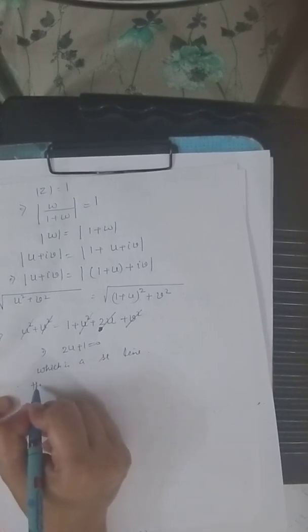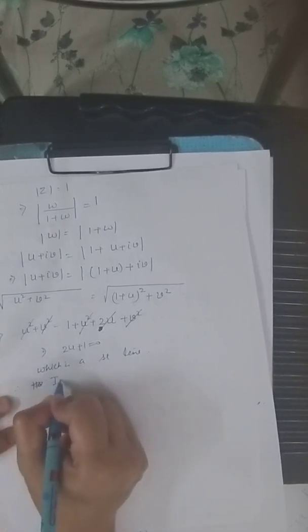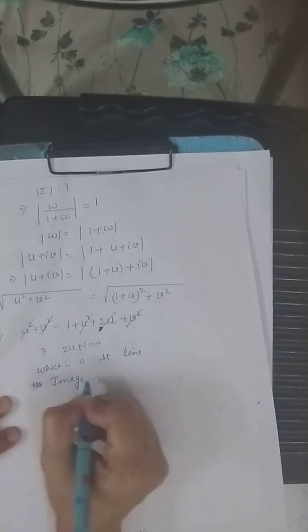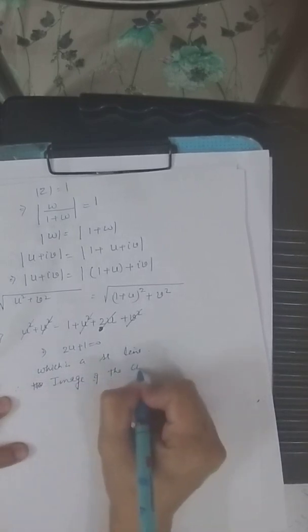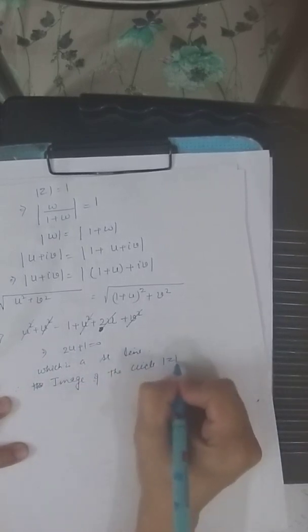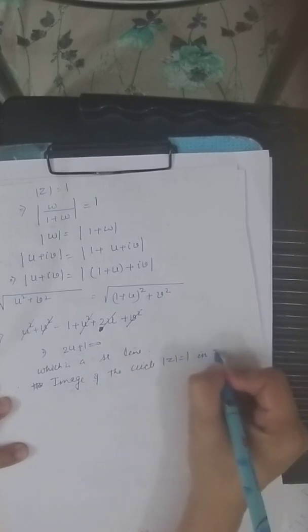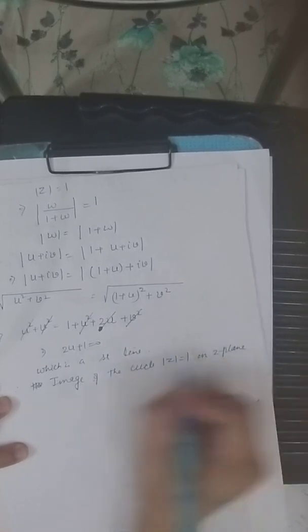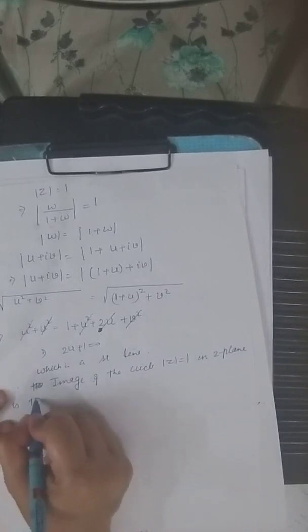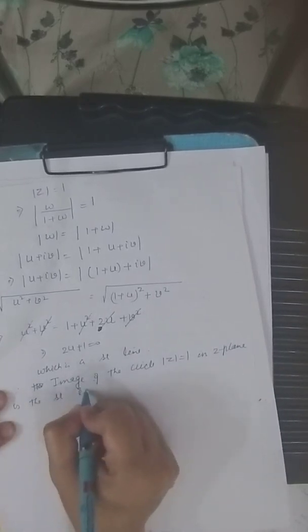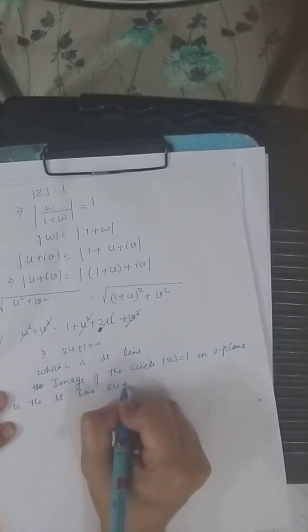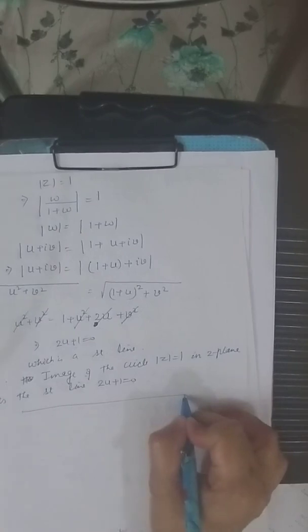Therefore the image of the circle mod z equal to 1 in z plane is the straight line 2u plus 1 equal to 0.